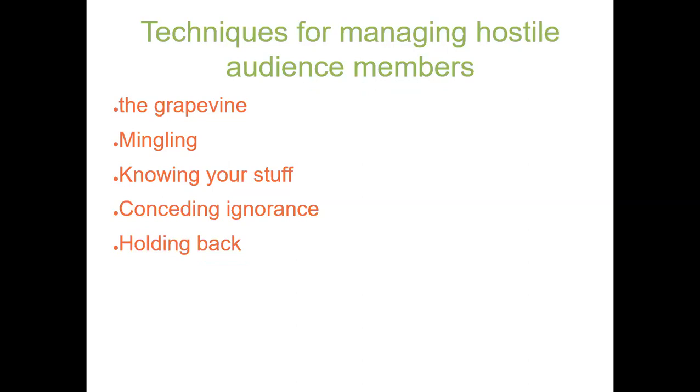All right, then comes conceding ignorance. Conceding ignorance means that you actually admit that you don't know a particular thing. For example, you are asked a tough question on the topic, and you honestly don't have an answer to it. Instead of giving the wrong answer, you simply tell the audience that you have no knowledge of this, and you will find out about it and get back to them.